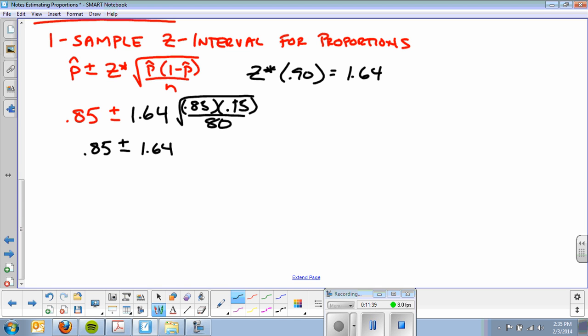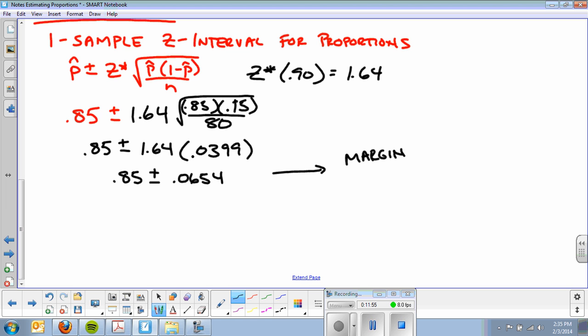That gives me a standard deviation of 0.0399. 0.85 plus or minus, I multiply those two things together, I get 0.0654. On a side note, that's called the margin of error. That's what I add or subtract to my statistic or my estimate in order to get my confidence interval.